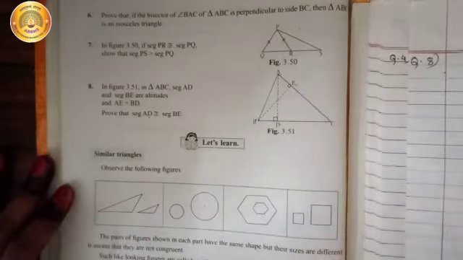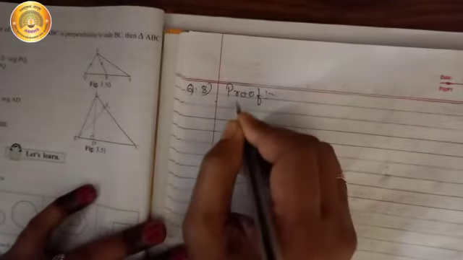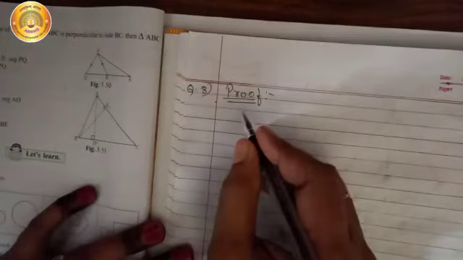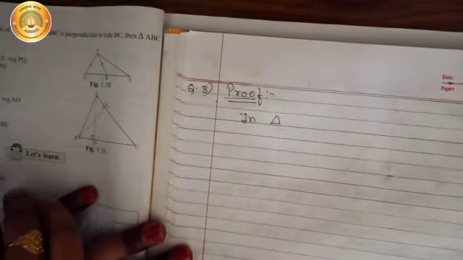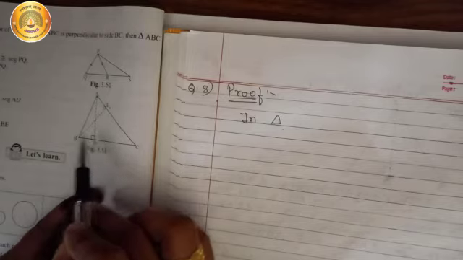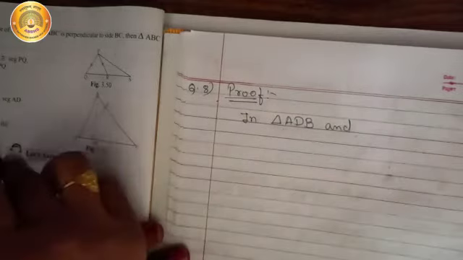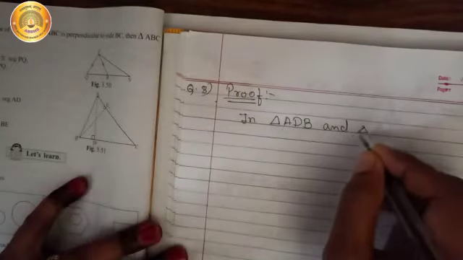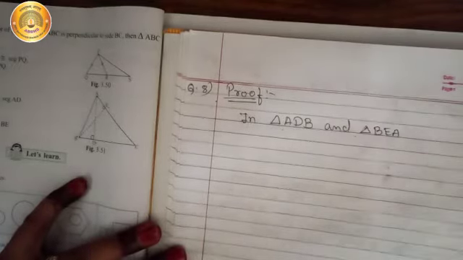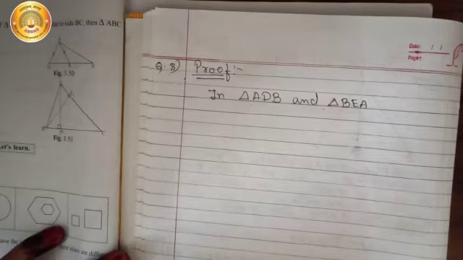And including BE, the triangle is BEA. You have to remember the correspondence always.